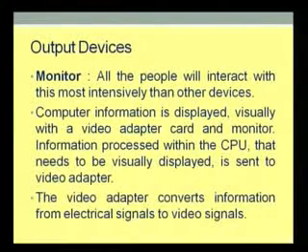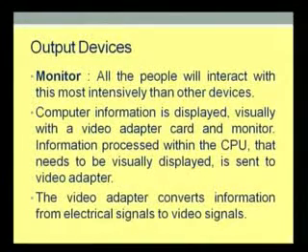Computer information is displayed visually with a video adapter card and monitor. A monitor is attached to the video adapter card, and any information is first provided to that video card, and from that video card our monitor will receive the signals.